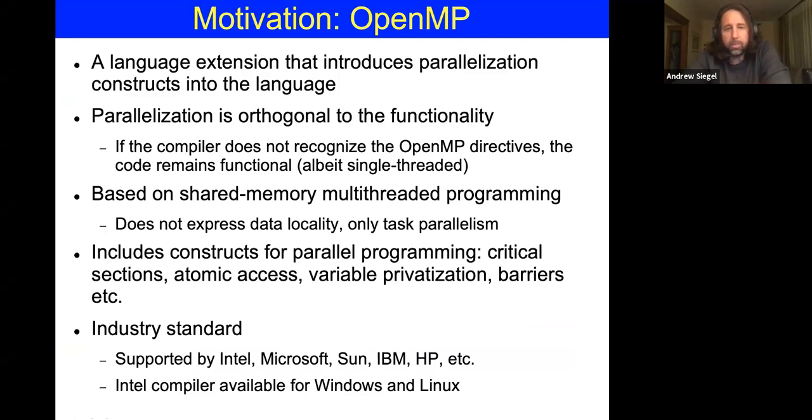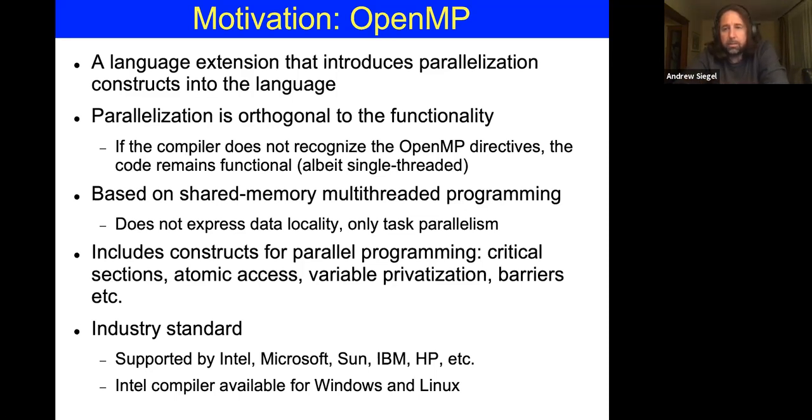So the idea is for the parallelization, as much as possible, to be orthogonal to the functionality. So if you didn't have any OpenMP directives, or if the compiler does not recognize them because you don't have an OpenMP compliant compiler, then the code still just remains functional in the serial sense. Occasionally it's not quite that simple, but oftentimes you could achieve something close to that.